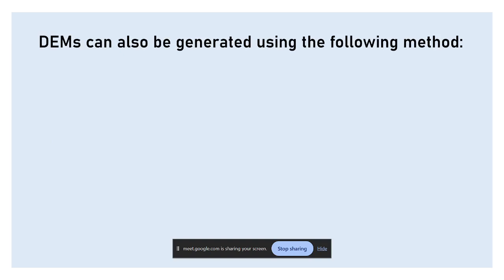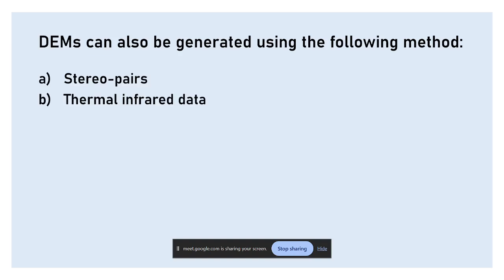DEMs can also be generated using the following method: stereo pairs, thermal infrared data, radar data pairs, all of the above. Is it one of these or is it all of these?